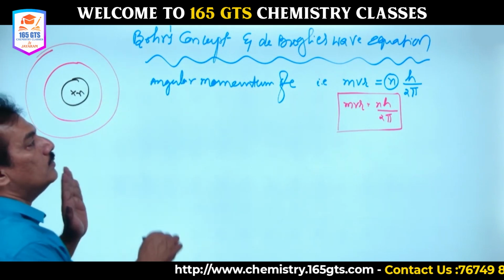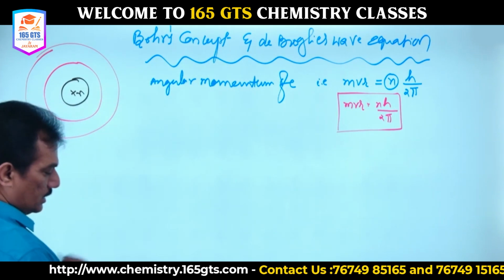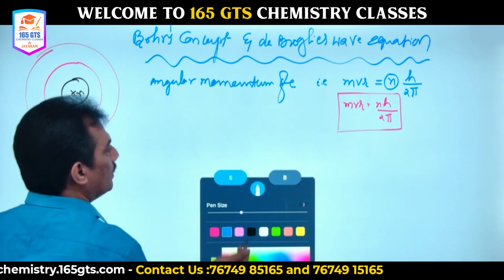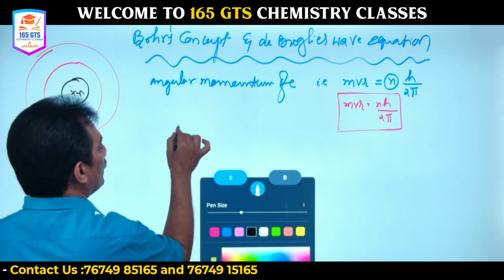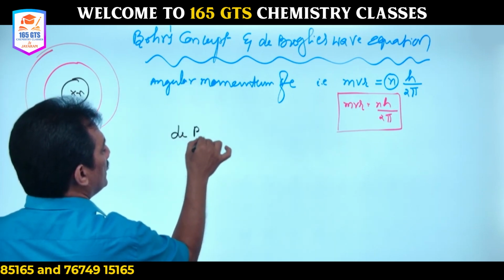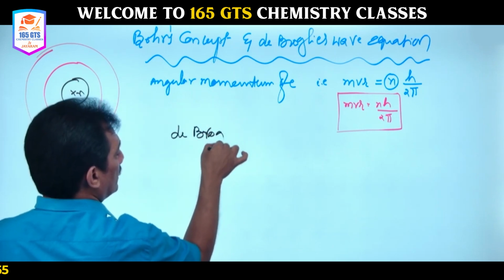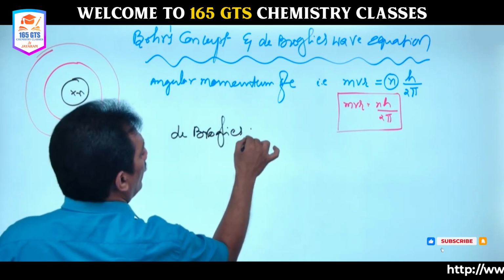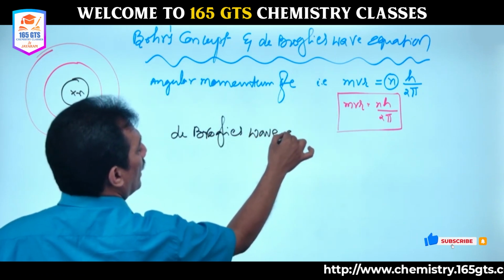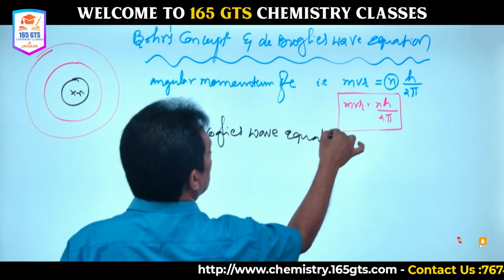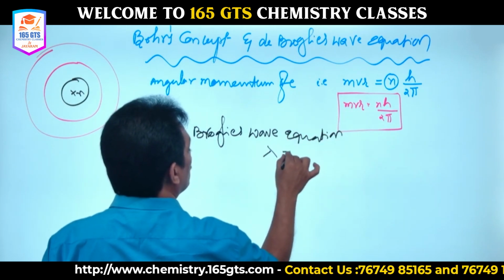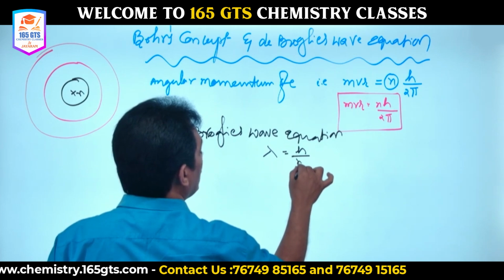Now, how does de Broglie's wave equation support this? First of all, what is de Broglie's wave equation? Just now we derived it: lambda is equal to h by mv.